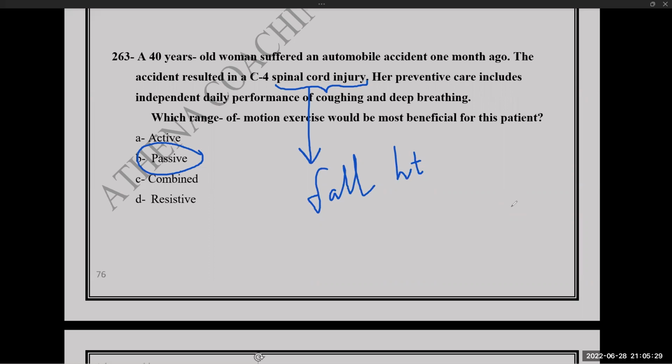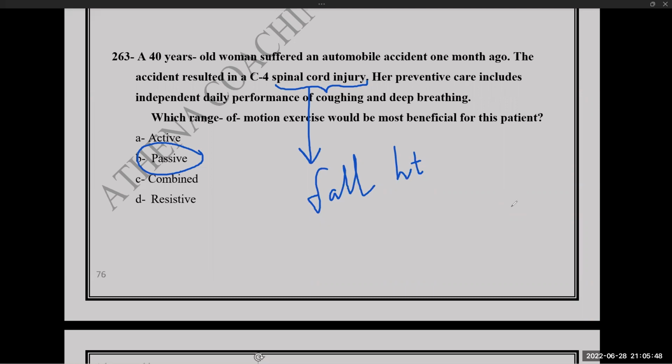So please remember: fall from a height, and head trauma in road traffic accidents. These are the two reasons for spinal cord damage, basically of the cervical spinal cord.